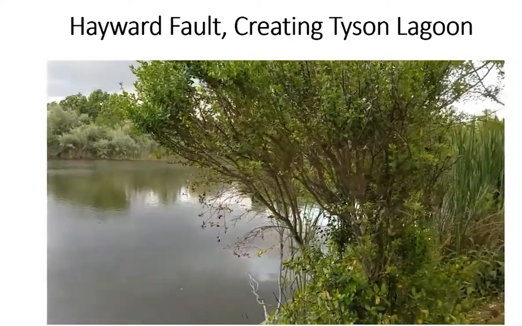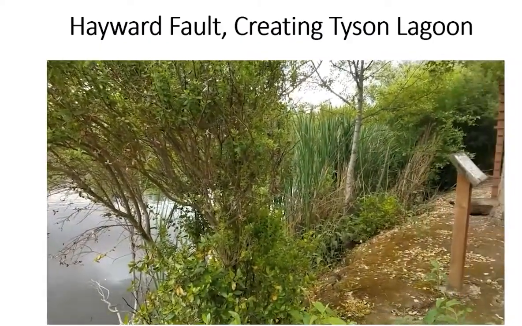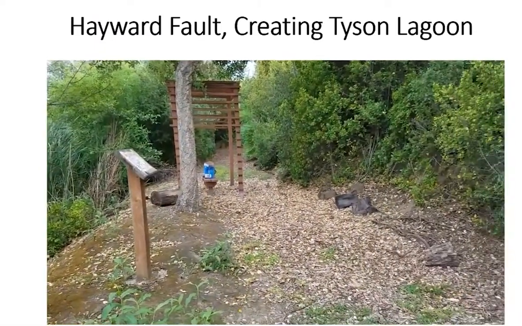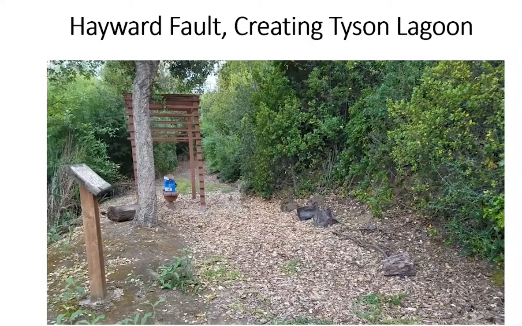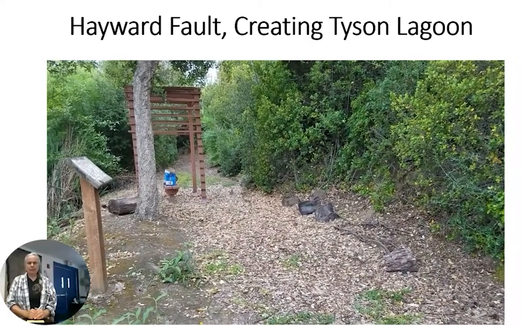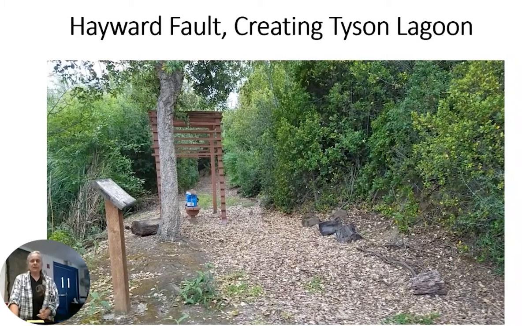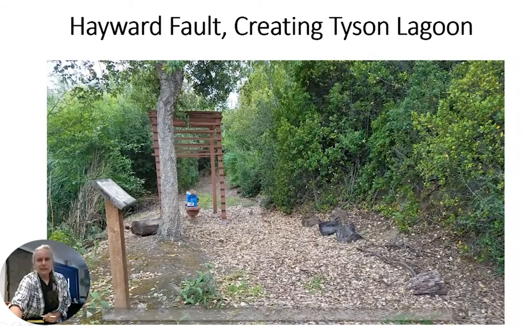But what we're standing on right now is where the Hayward Fault comes into the area from other parts of Fremont. So this is an area, because we're going to allow people to walk in here, so you can actually come to where the Hayward Fault comes into Tyson's Lagoon.